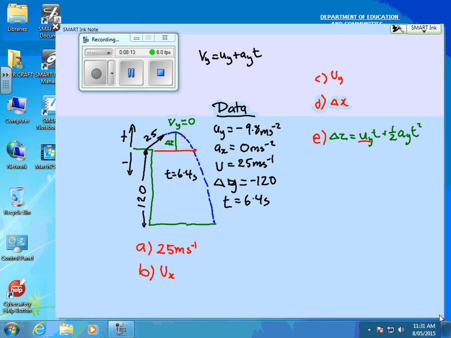I tried to do that last time. So, is there anything I can do using the formulas that I have? This is what we're trying to find out.